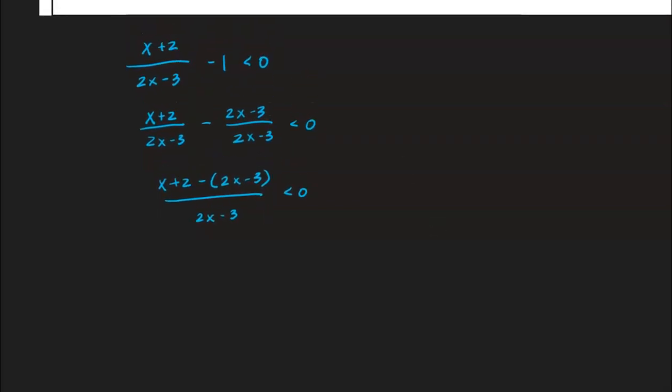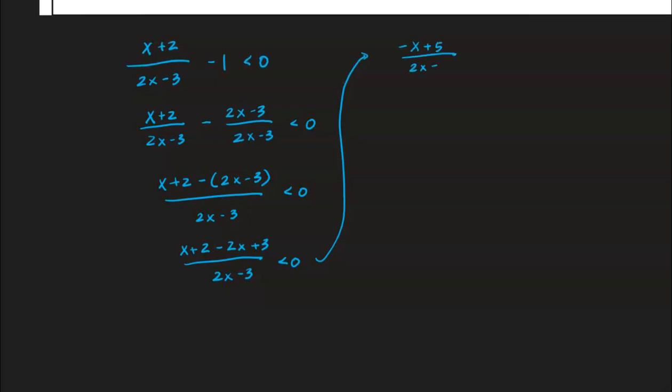Let's go ahead and distribute. x plus 2 minus 2x plus 3 over 2x minus 3 is less than 0. Move that up to there. We have negative x plus 5 over 2x minus 3 is less than 0.